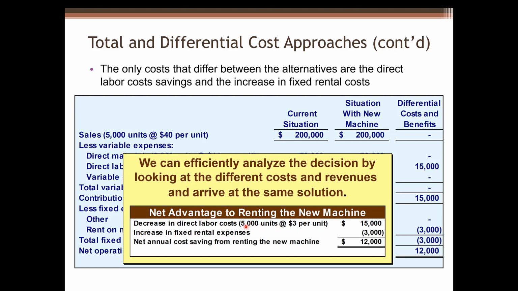So a total of 5,000 units can save $15,000. Fixed rental expenses increase by $3,000. And the difference here is the net annual cost saving from renting the new machine, $12,000. So the manager should rent the new machine.